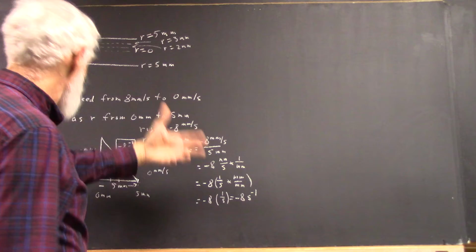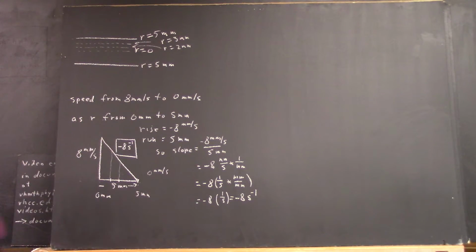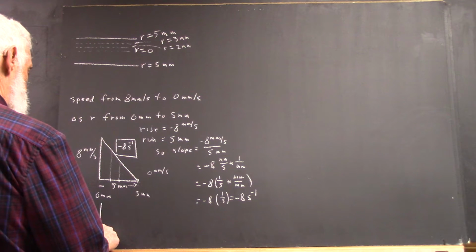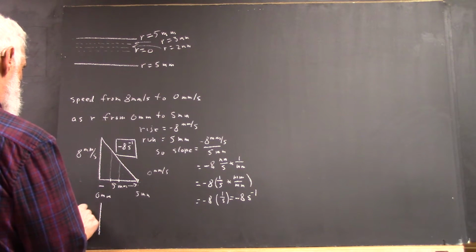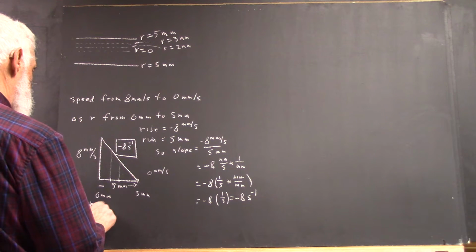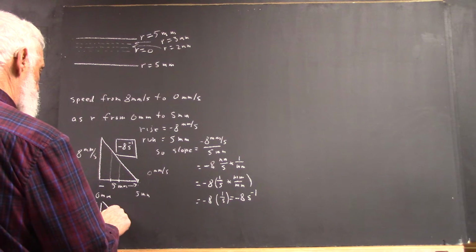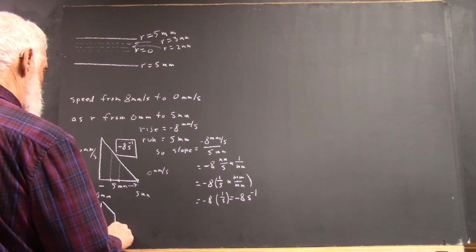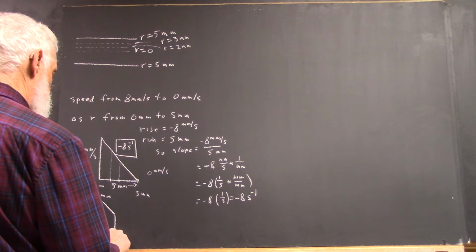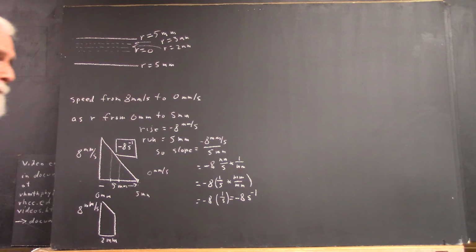But for insight into what these things tell us, I'm going to say, okay, now we've got 8 millimeters per second here, and we've got a trapezoid of width 2 millimeters, okay?